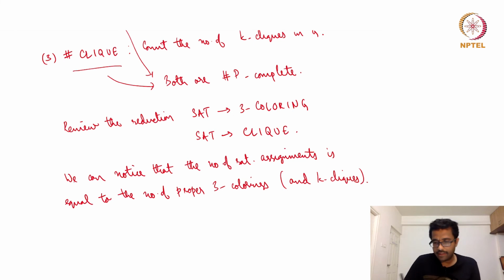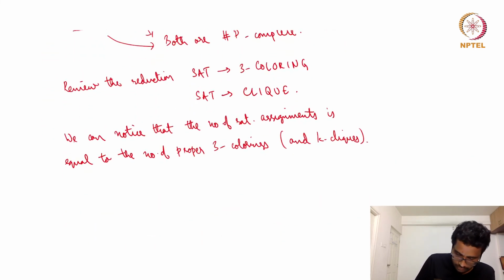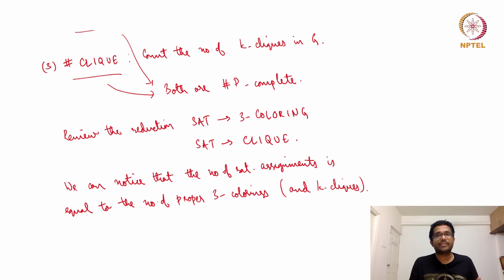So if you can estimate the number of 3-colorings or k-cliques, you can also estimate the number of satisfying assignments. So these are #P-complete. Basically, if you can count the number of 3-colorings, you can count the number of satisfying assignments, which is already shown to be #P-complete.